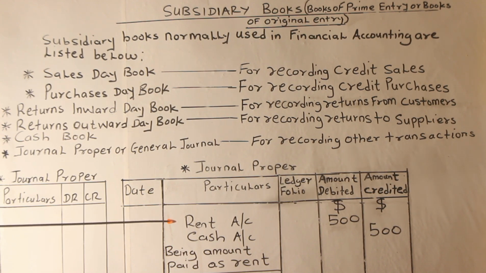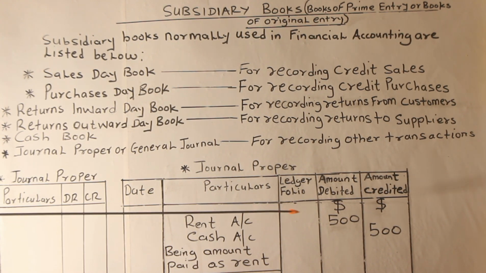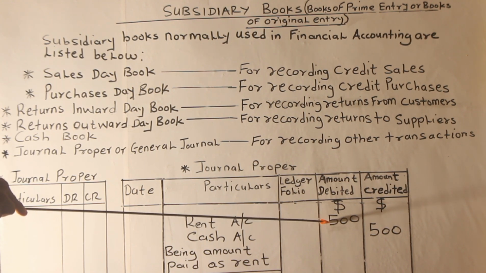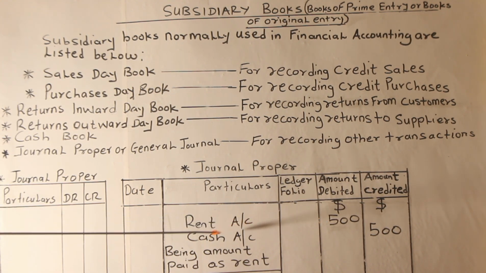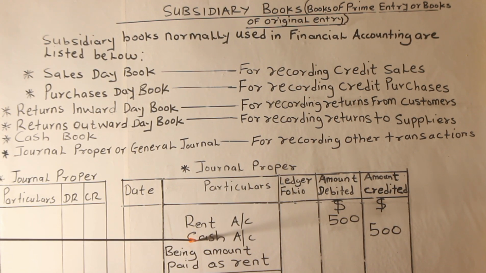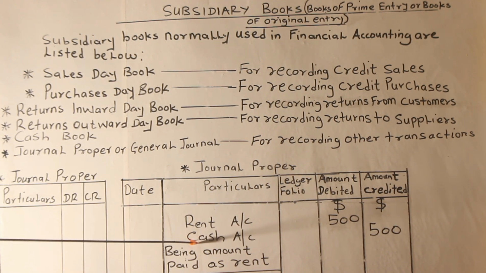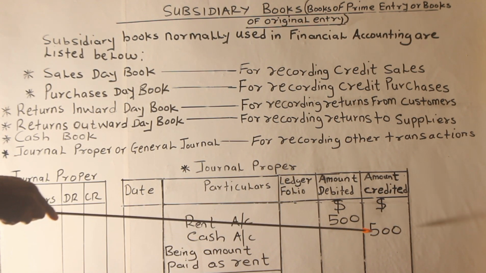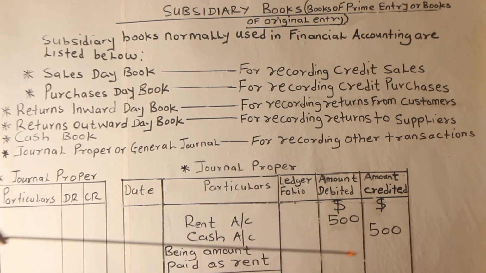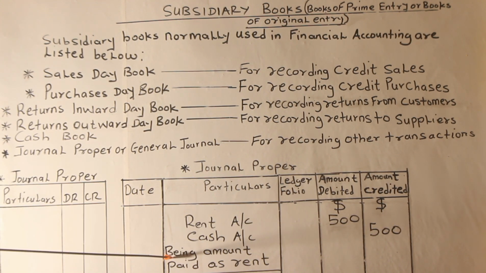Things to be noted about the journal proper: the account to be debited comes first and the amount involved is placed at the debit side. The account to be credited comes next and the amount involved is recorded on the credit side. When you are making your narration, you begin with the word being. Like here, our narration is being amount paid as rent.